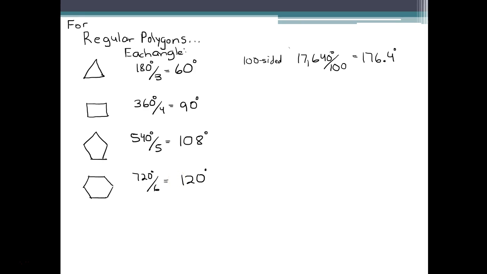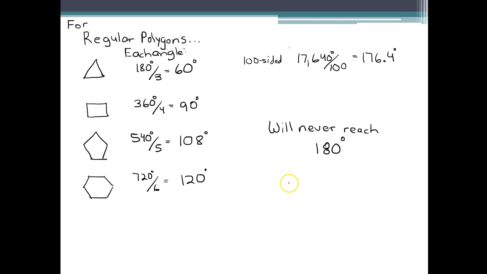You can keep going, increasing your number of sides over and over again, and you will never get to or go past 180 degrees. Anybody guess that? Anybody guess 180? I wish I could hear your responses, but I can't.